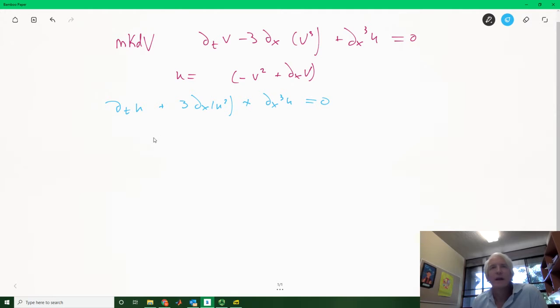I'm not going to do that calculation, but what we get is we can write it in the following form. You can see how this is going to work if you take all the bits and reassemble it.